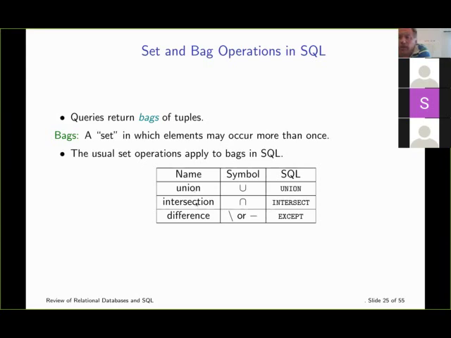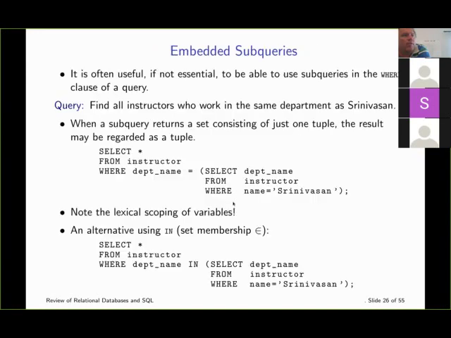Intersection does a kind of sophisticated counting, whatever has the least. So if you have 3 duplicates of A in one bag and 4 duplicates in the other, the intersection will return 3, right? And then same with difference. If you have 4 and 3, then 4 minus the one with 3 in it will be 1. Okay, so bags are a little bit more complicated than sets.